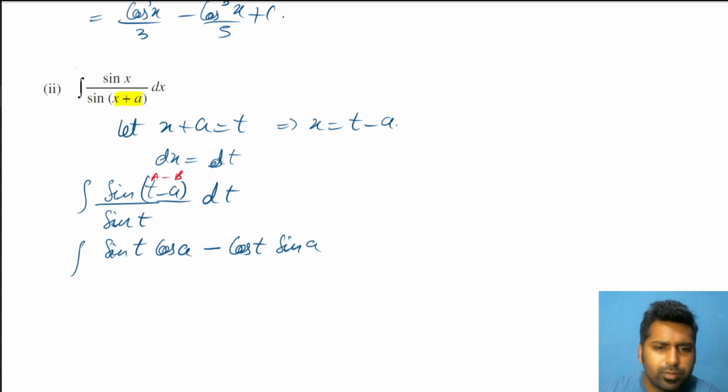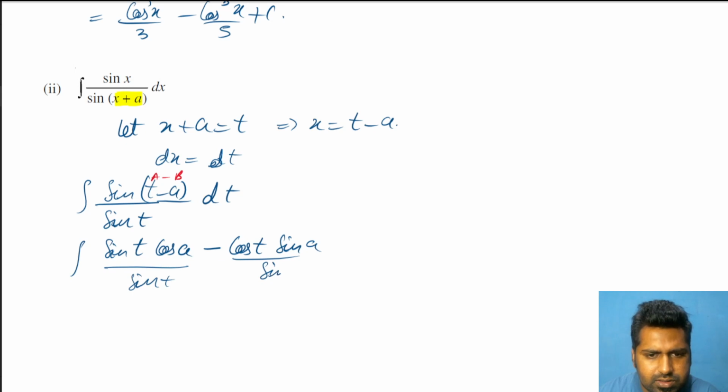In differentiation and integration, trigo will always be there. So learn those properties. Upon sine t, I'll split it. Sine t here also, sine t here, and sine t cancels. So the good thing here is cos by sine is cot. So this becomes integration of cos a minus sine a cot t dt.